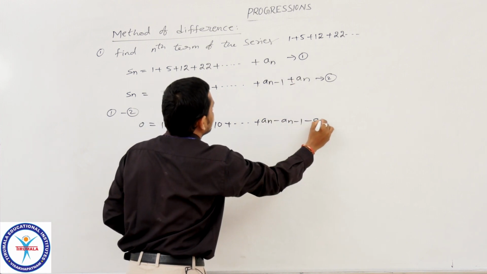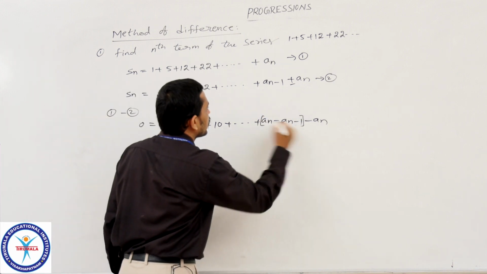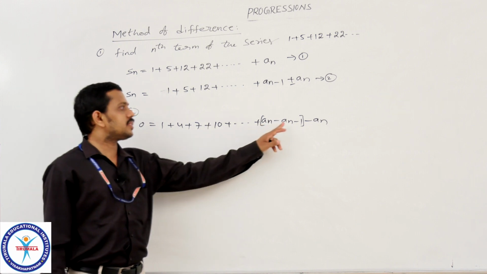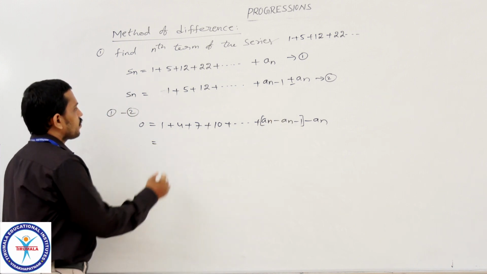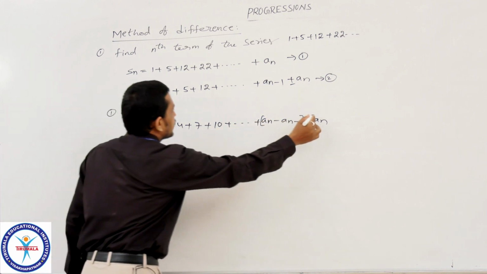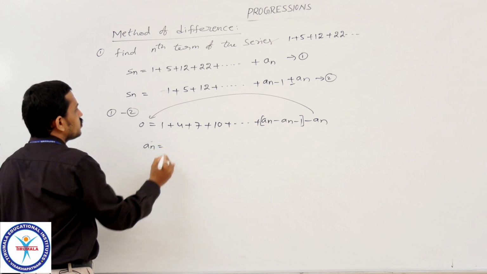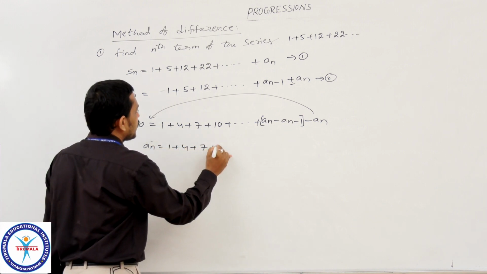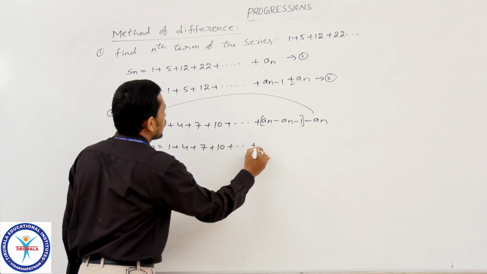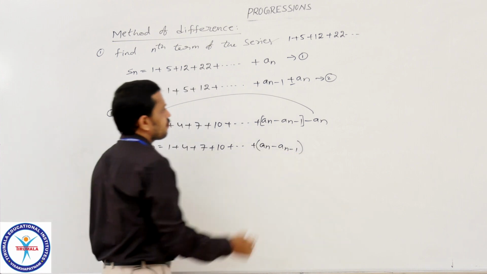This sign will change, minus An. So, take this as one term, An minus 1. Then take An on the left side, then An is equal to 1 plus 4 plus 7 plus 10 plus and so on, plus An minus 1.